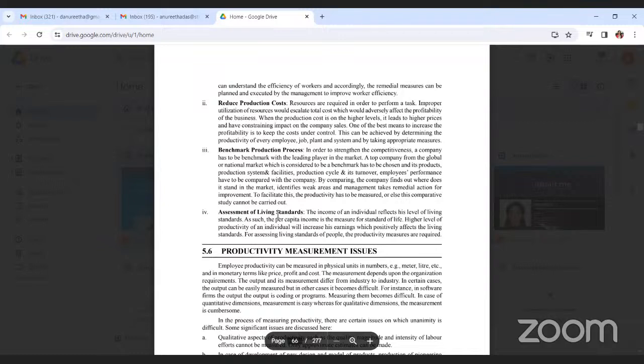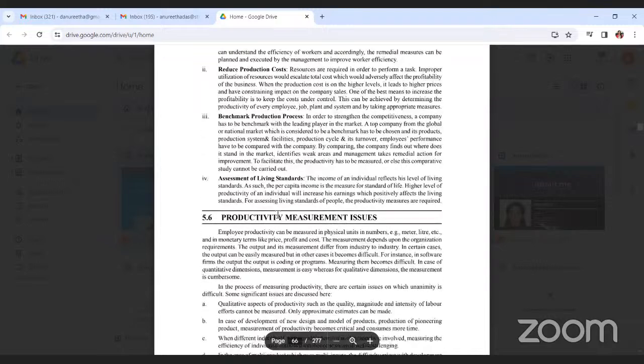So that is the turnover, the production, the system, and everything. So you have to be able to compare the company, find out where it stands in the market, and identify the weak areas. This is how you are able to define a benchmark, that why your company is different from any other companies, to understand the improvements and to facilitate productivity.